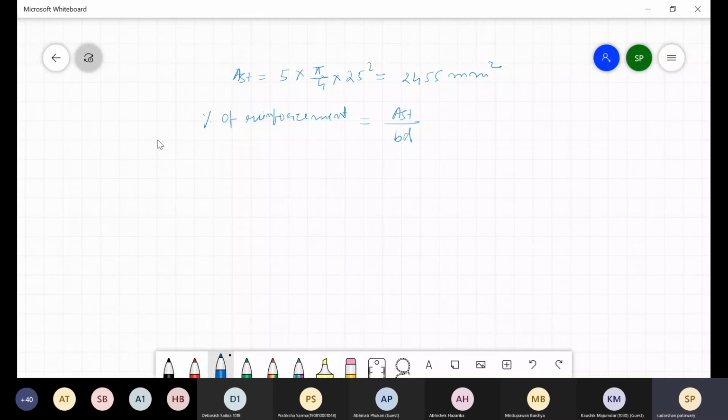Here remember, d is the effective depth, not the overall depth. Ast by bd is reinforcement area divided by total area into 100. That is your percentage. So this will be 1.769%. Now we will check with respect to this percentage of reinforcement, what is the value of tau c?